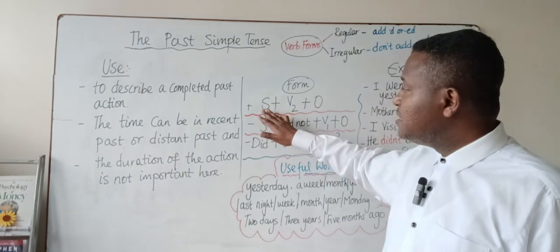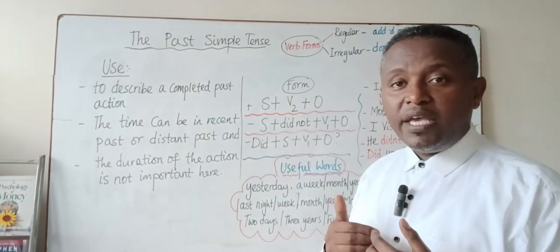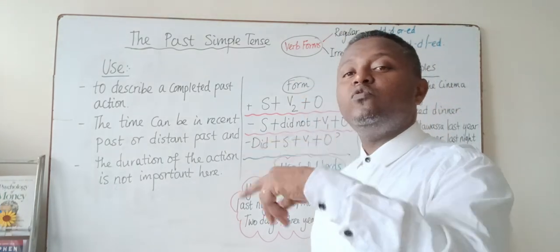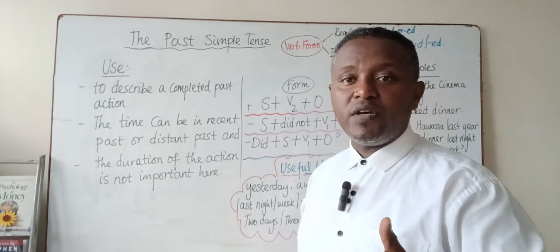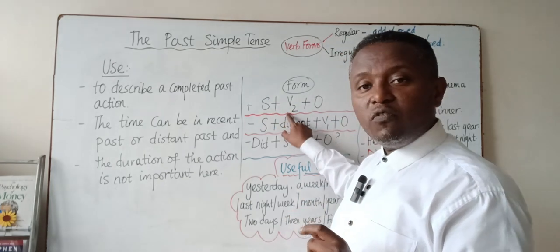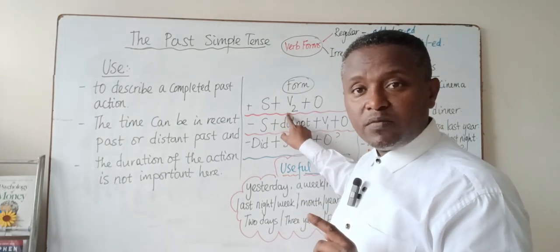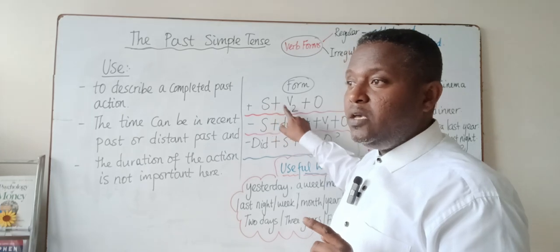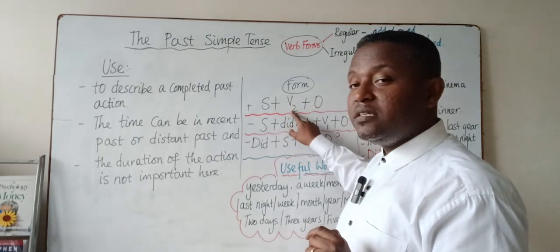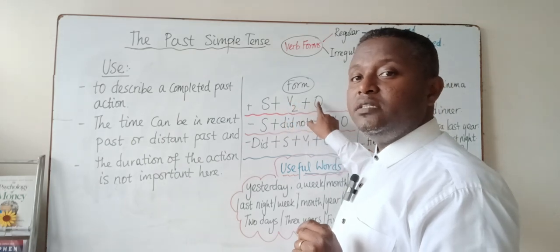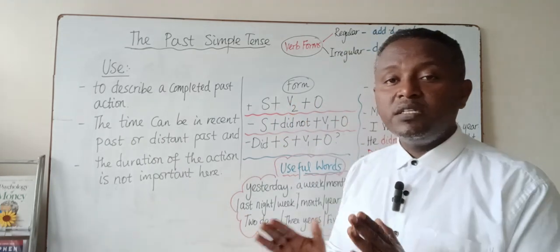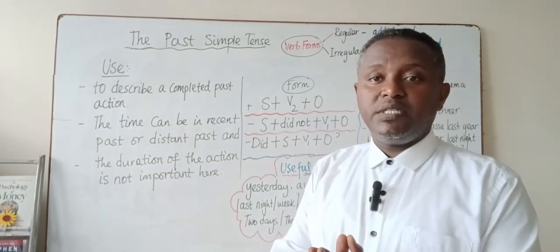The subject can be I, and then the verb 2 is the verb 2 form of the present verb. For example, if it is go, the verb 2 form of go will be went, right? So I went to school. If it is eat, I ate dinner. So this is how we construct a positive past simple structure.